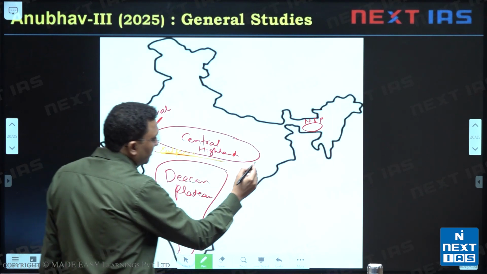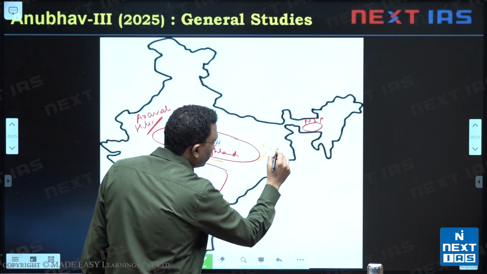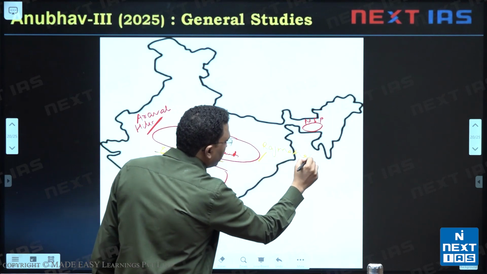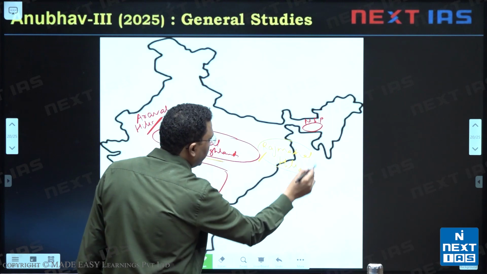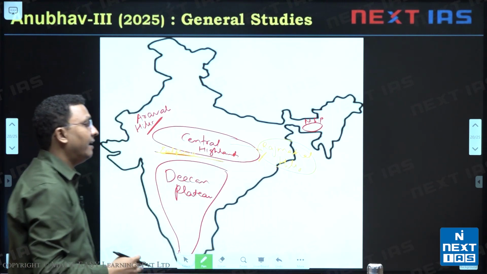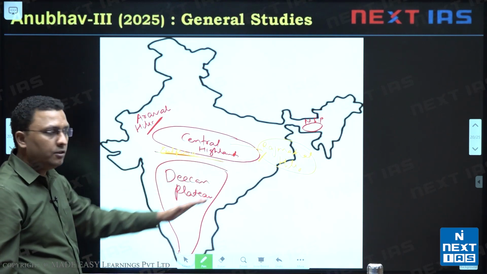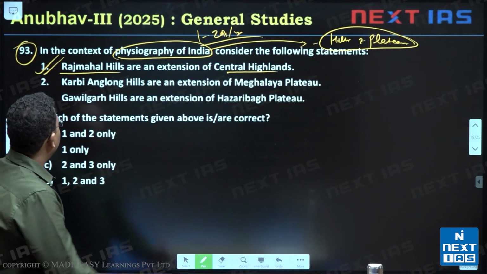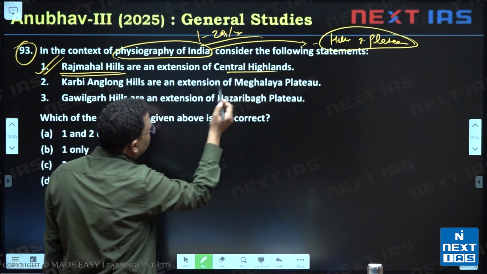And on the eastern side, they are bounded by Raj Mahal Hills. And these Raj Mahal Hills are in fact considered an extension of Central Highland, right? So this is a basic fact that is mentioned in your NCERT book. So that means this statement is correct.